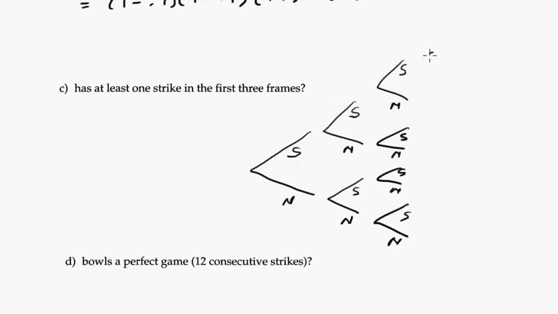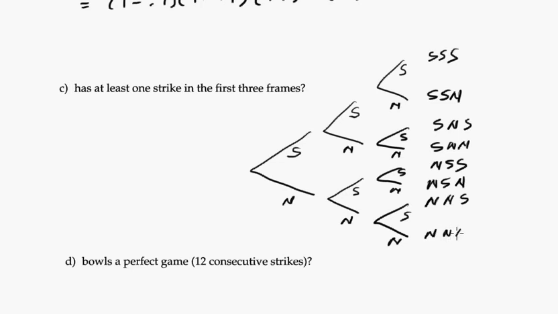So this is all the possible sequences of strikes and not strikes over the three frames. We want the probability of at least 1 strike, so all of these have at least 1 except one.